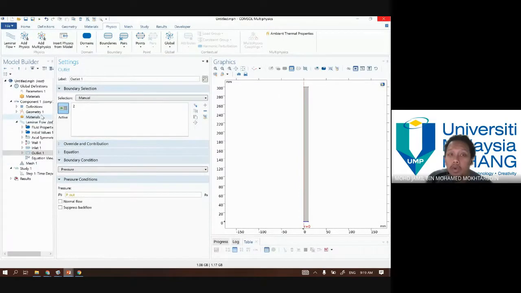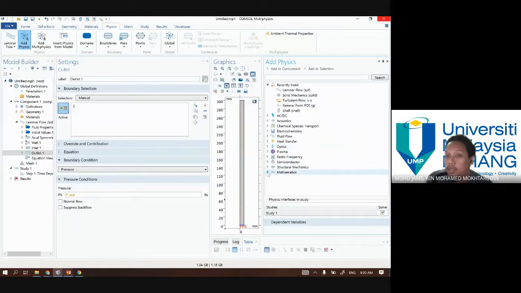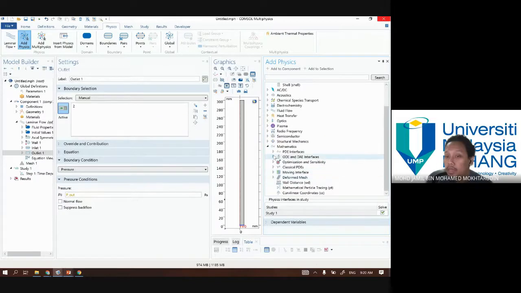We go back to physics and add new physics, and then go to mathematics and choose global ODEs and DAEs. You can find this by typing it in the search as well.